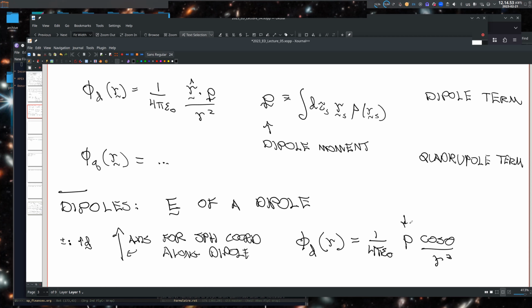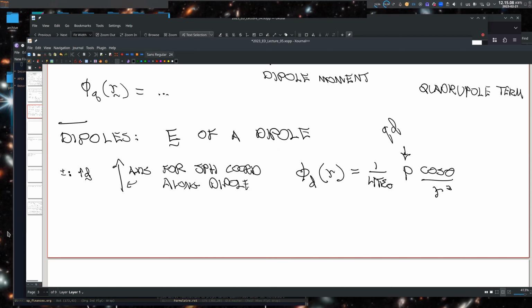Okay, p is q times d, that's the charge, and that's the distance within the dipole, but I take d to infinity. So that's the dipole moment that I have here. It's a given number, right? Now, what I know is that the electrical field is minus grad of phi.